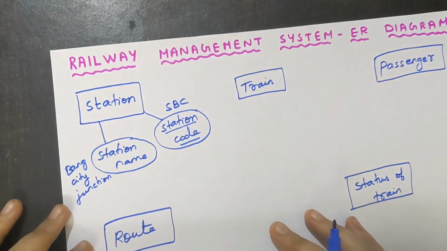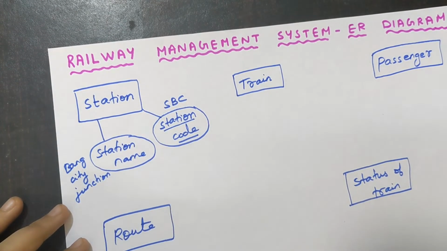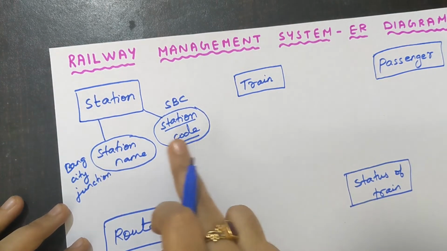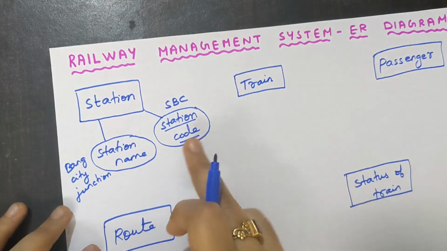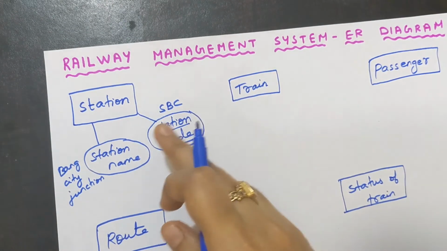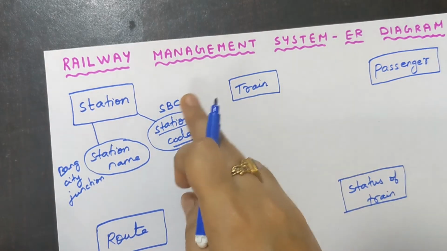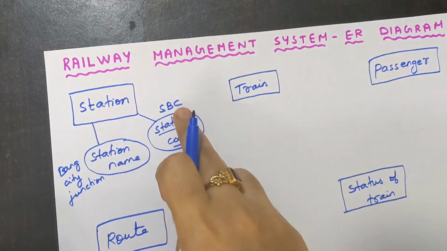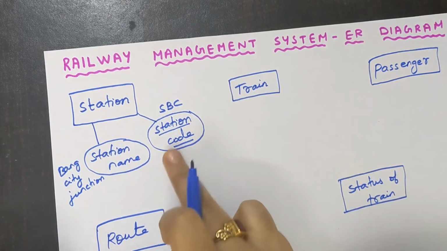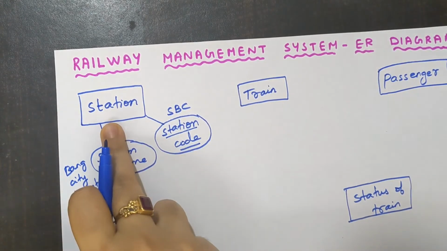Since the station code is unique for every single station, we can call this a primary key, and that is the reason why we have underlined it. So for Bangalore City Junction, if the code is SBC, for no other station name will the station code be SBC. Only for this station will the code be SBC. That is the reason this is a primary key and I have underlined it. So these are the attributes for the entity station.